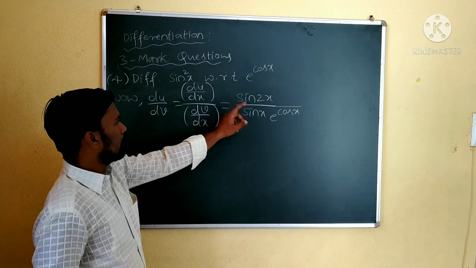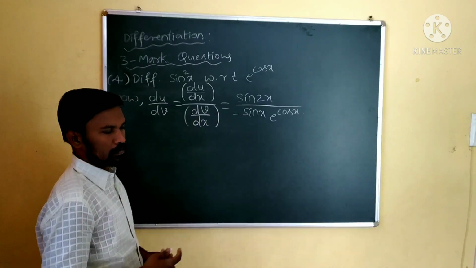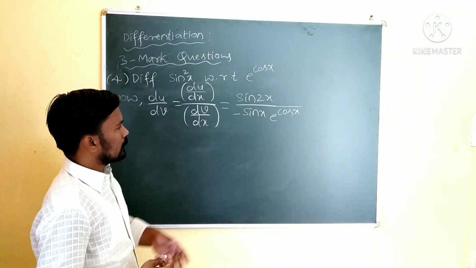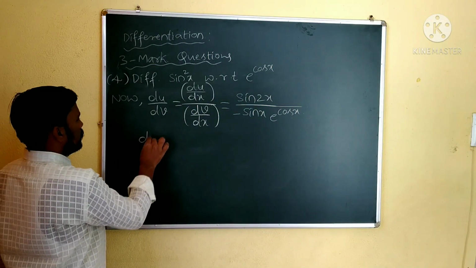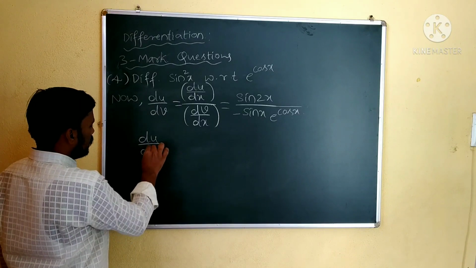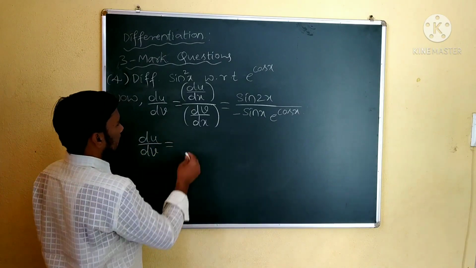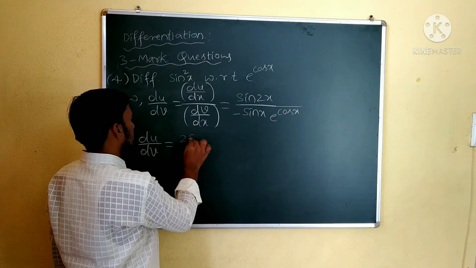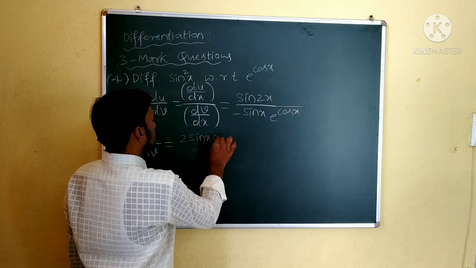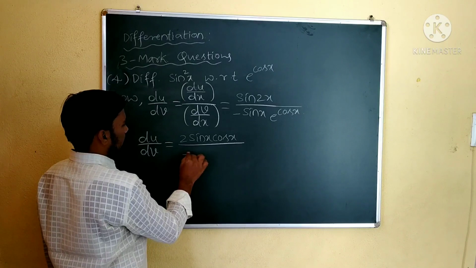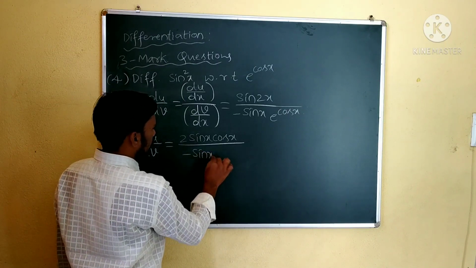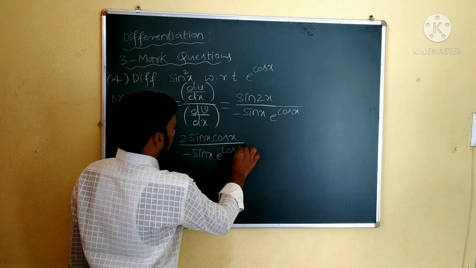And once again you can replace that sin 2x by 2 into sin x cos x, so that the sin x will be cancelled. That is, du by dv is equal to sin 2x, which can also be written as 2 sin x cos x using the sin 2 theta formula, divided by minus sin x into e to the power of cos x.